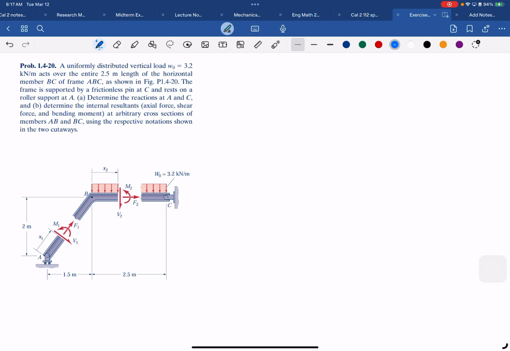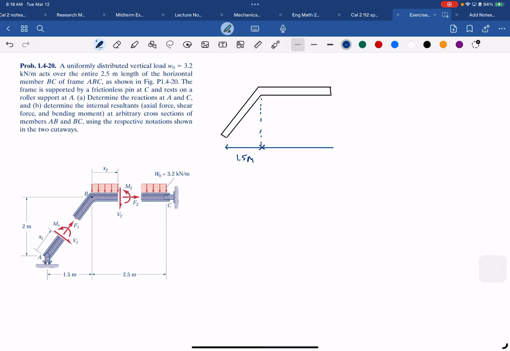So I think the best way to approach this is to draw another, simplified diagram. I will write this is AB, up until there, and then that is BC. This will be 1.5.